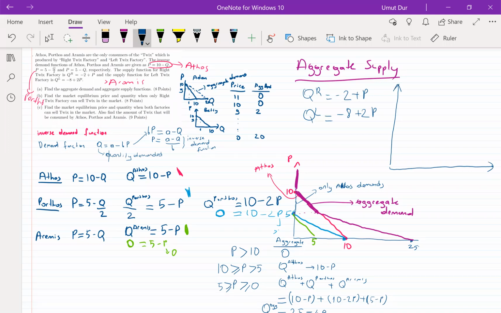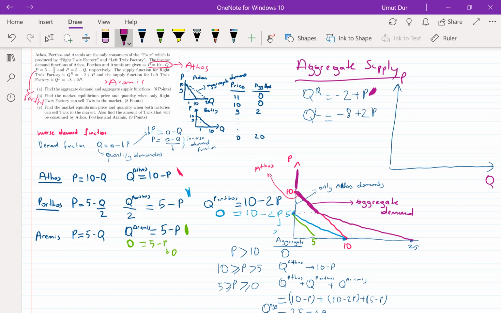For the right one, let me use this purple color. So again, this is price, this is quantity. What is the intersection point with the vertical axis? It is 2.